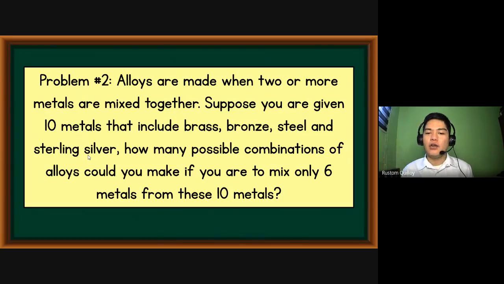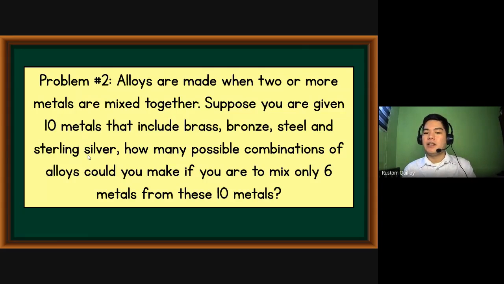Sabi dito sa problem, kahit magkabali-baliktad yung pagkakasunod-sunod mo ng paghalo-halo ng metal, ang mabubuo mo pa rin ay yung alloy na yun pa rin. Parang sa fruit salad. Halimbawa, inuna ko yung mango, then apple, then banana. Kung babaguhin ko yung pagkakasunod-sunod, unahin ko yung banana, then mango, then apple, fruit salad pa din yung mabubuo ko. So, siya ay combination.